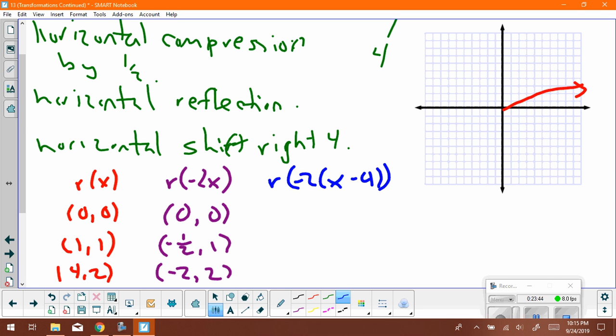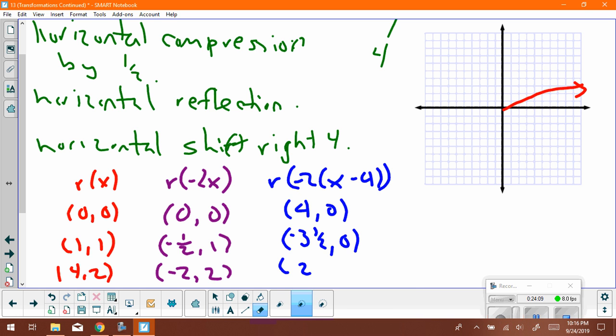The d value is 4, so I'm adding 4 to each of those. 0 plus 4 is 4. -1/2 plus 4 is... so that's not negative, is it? That would be positive 7/2. Then 2 and 2. So I've got my points now.